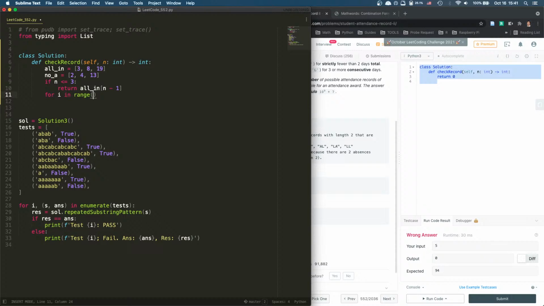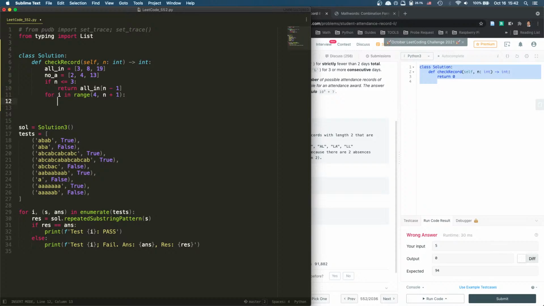So this is 0, 1, 2, 3, right? I mean 3 to, what is I? No, actually 4 to n plus 1. So I is actually n, right? And now we just need to find, which is actually, we can just do 3 to n.